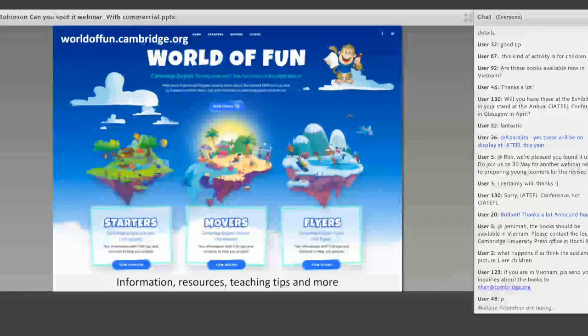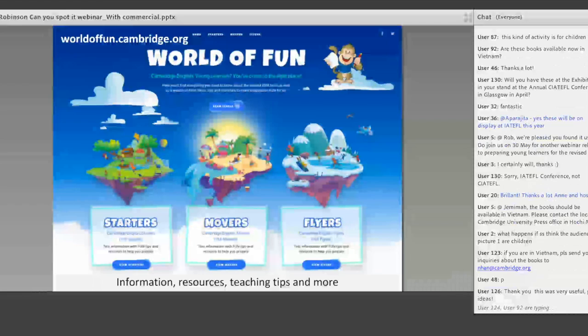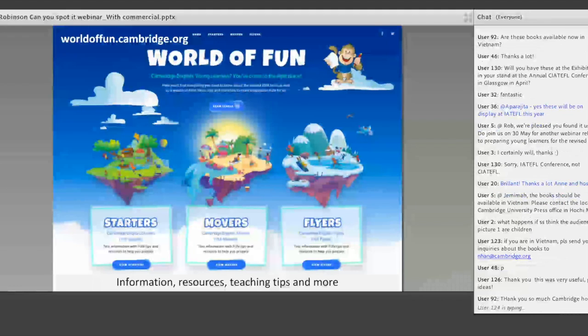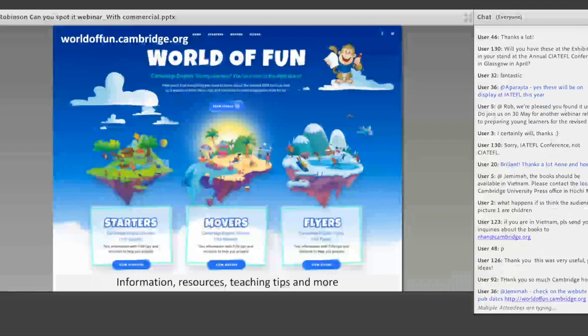There was another query about where perhaps a website or something where you can get hold of the kind of pictures that I've been using with you today. On your screen, I think you've still got the World of Fun. This website is having things added to it all the time.